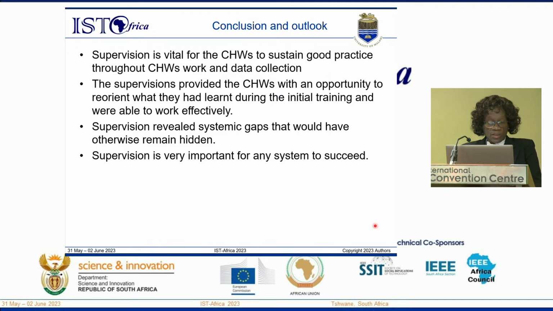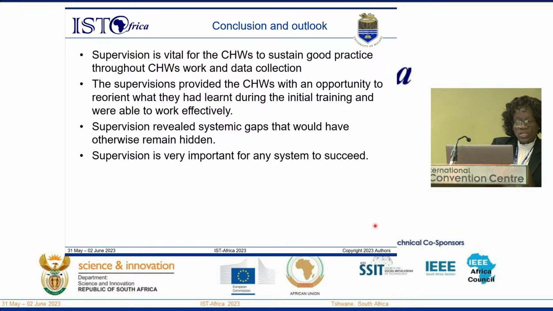In conclusion, we found that supervision is vital for the community health workers to sustain good practice throughout community health work and data collection. The supervisions also provided the workers with an opportunity to reorient what they had learned, refresh, and then they were able to work effectively.